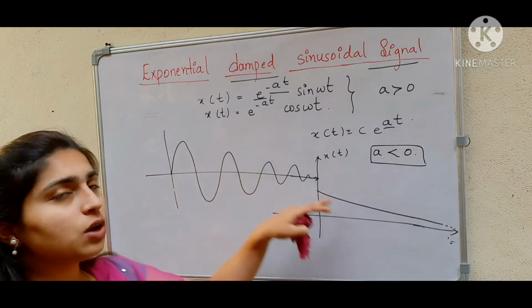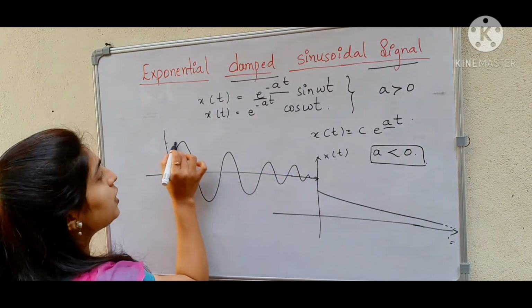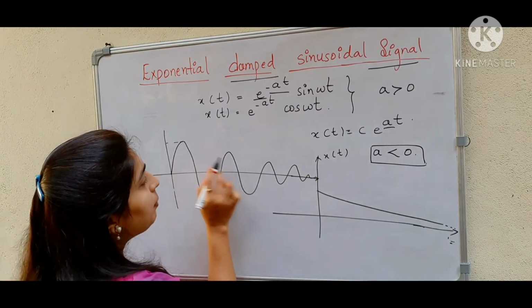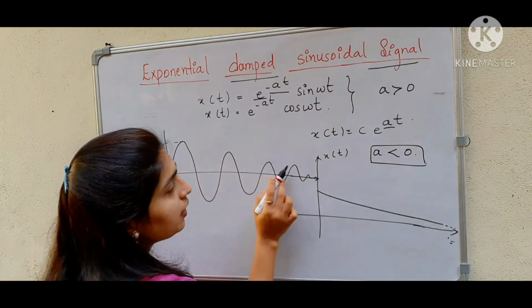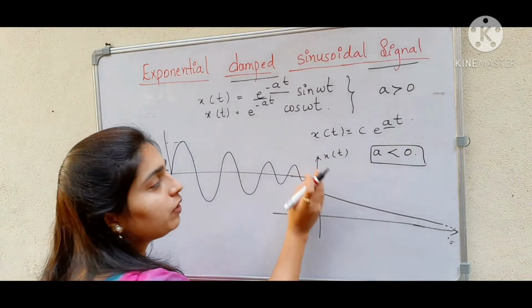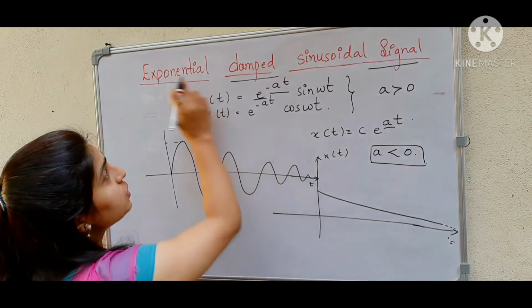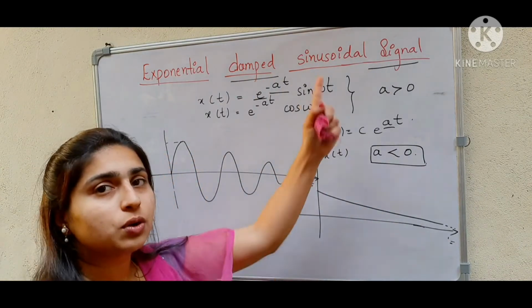This is your damped signal. You can see the amplitude. This was your initial amplitude. Then the amplitude started to decrease, and as t approaches infinity, it will reach the magnitude 0. It becomes 0.